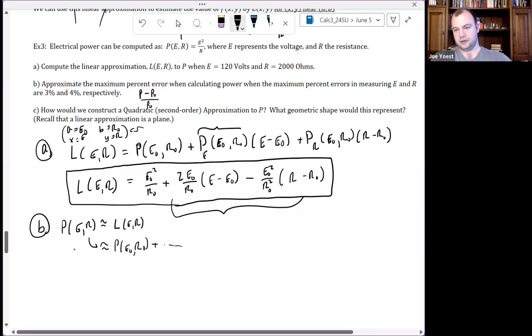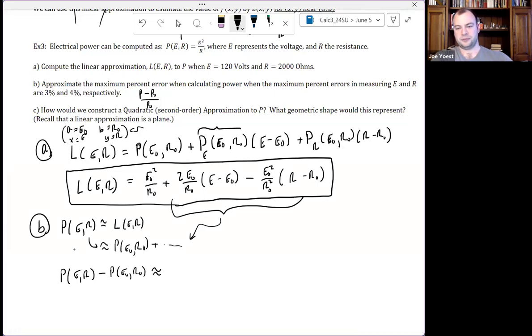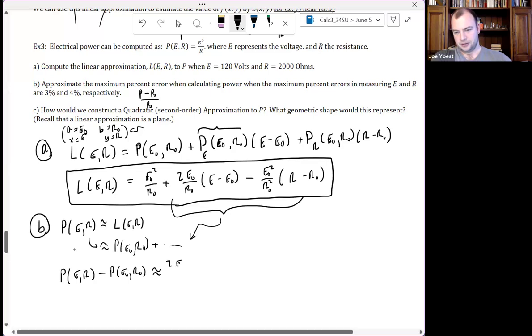Or in other words, P of E comma R minus P of E naught comma R naught is approximately equal to 2 E naught over R naught times E minus E naught, minus E naught squared over R naught squared, R minus R naught.